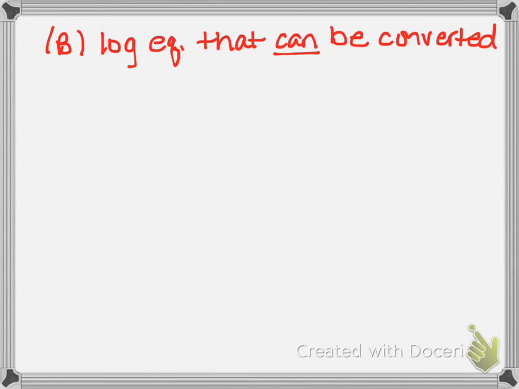Our other option is to treat it like it's the same type as log equations that use log properties. So I'm going to show you both methods, but first I want to give you the actual equation. So the equation I'm going to be solving is log base 5 of 2x plus 1 is equal to 2. Okay, and so the reason that this doesn't automatically fall into category A is because I do not have a log on both sides.